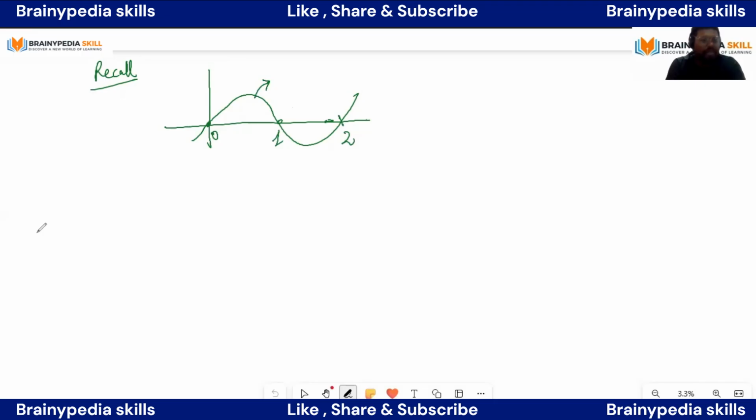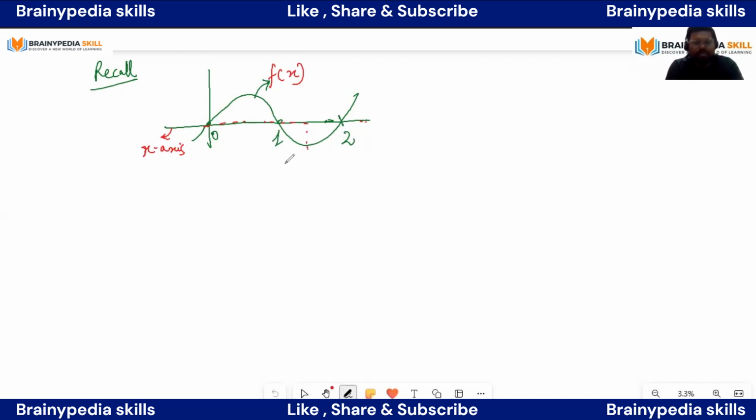Any graph, let it be f of x. Now this part is above the horizontal line, that means the x-axis, and this one is below the x-axis.